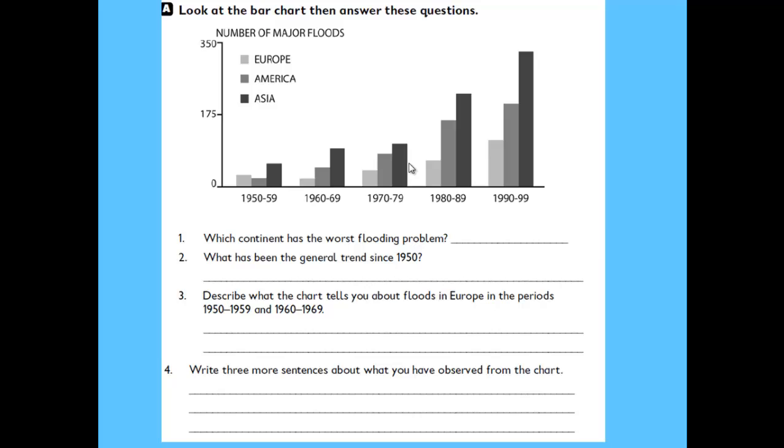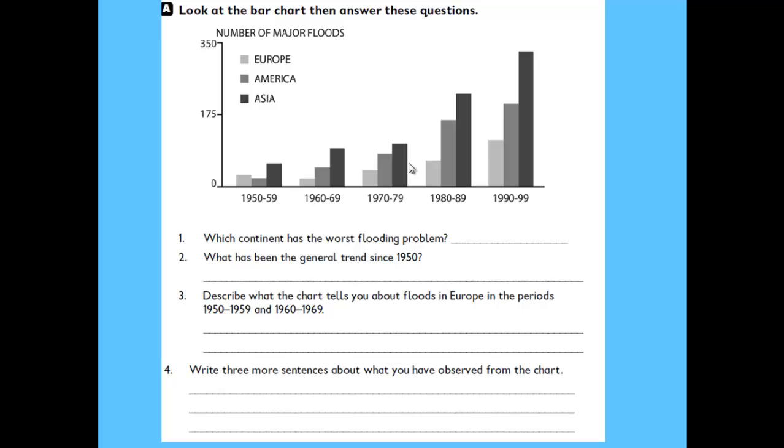So Asia has the worst flooding problem. Number 2, what has been the general trend since 1950? There has been more flooding.